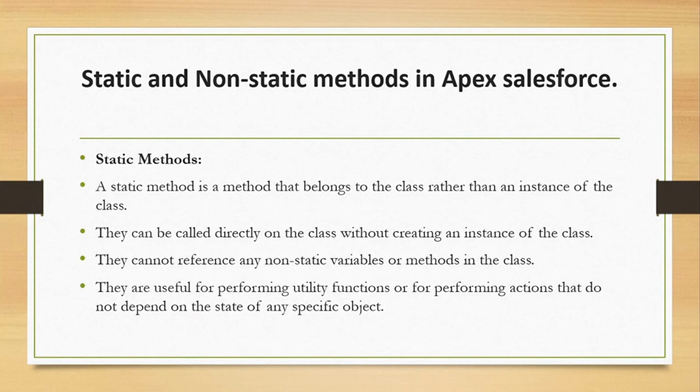They cannot reference any non-static variable or methods in the class. They are useful for performing utility functions or actions that do not depend on the state of any specific object.